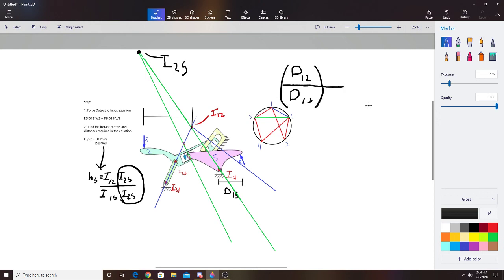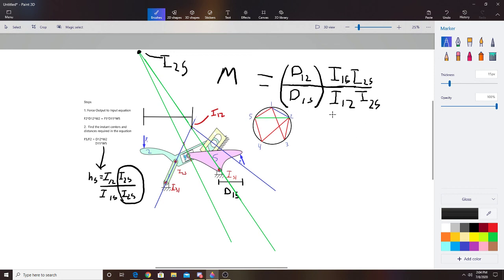I'm going to parenthesis that off because the H5 part is what we need to also worry about. So I15, I25 over I12, I25. And this is equal to M, which is also equal to F4 over F2.